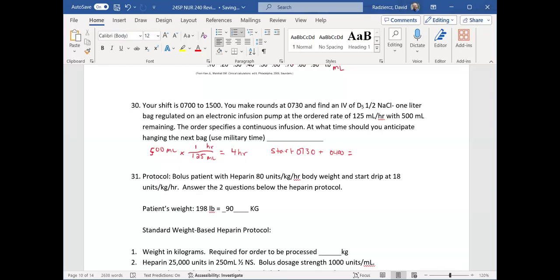So 11:30 is when we would check the infusion rate. Everyone okay with that? Yeah.